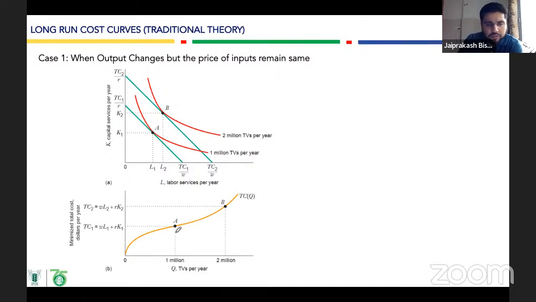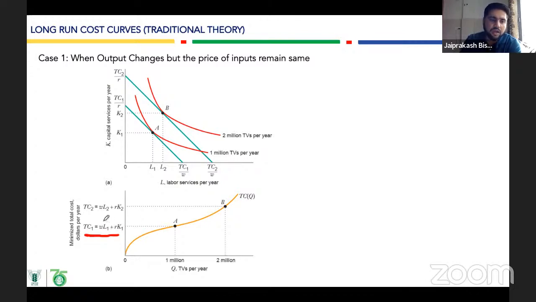Initially, to produce 1 million units of TV, the firm was incurring a total cost which is equal to wage rate into the number of units of labor employed, which is L1, plus the number of units of capital used into the price of capital, which is equal to rent.